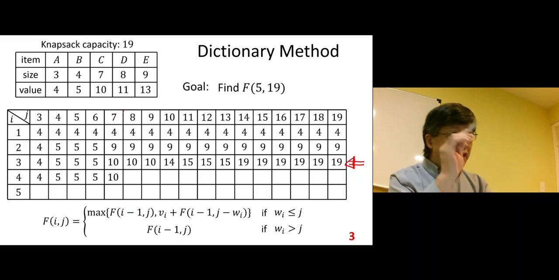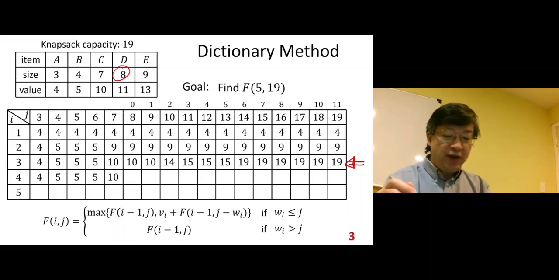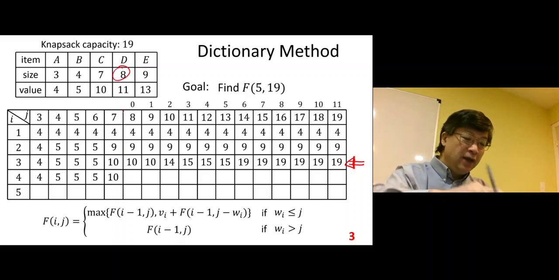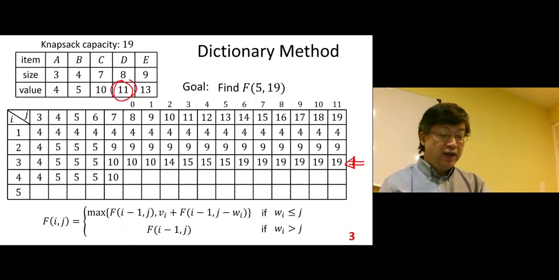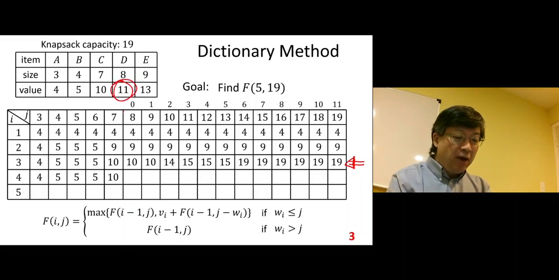Now, remember the auxiliary number: each j number minus the weight size 8. So 0, 1, all the way through the end. And vi is 11. So we use 11 plus the number of the third row under 0.